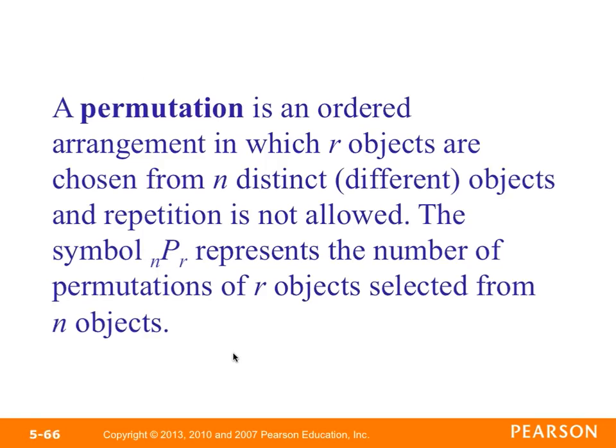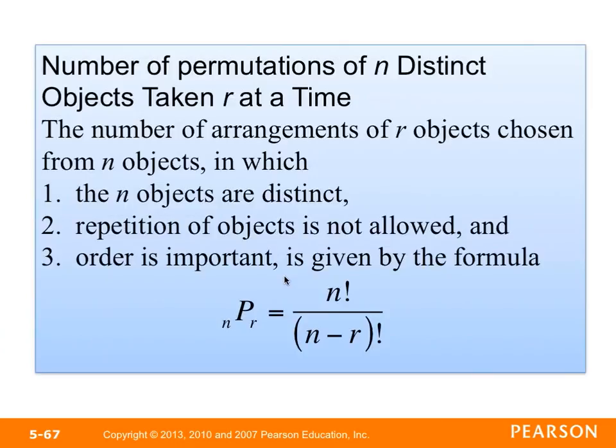Now, a permutation is just an ordered arrangement in which r objects are chosen from n different objects, and repetition is not allowed. So the symbol nPr represents the number of permutations of r objects selected from n objects. And there's a formula here.